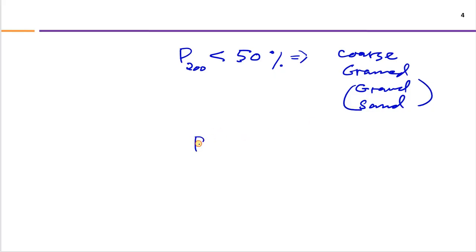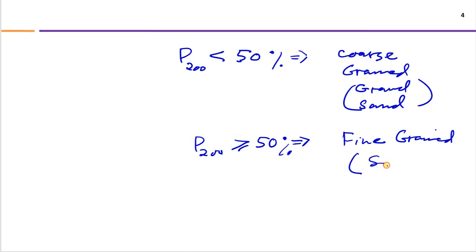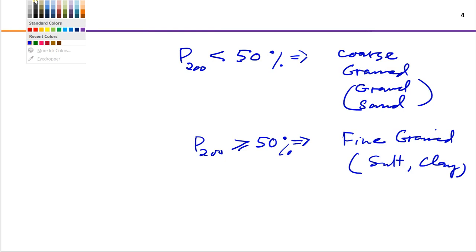And if passing from 200 sieve is more than or equal to 50%, then it will be called fine grained. When it is fine grained soil, it means it is silt and clay.